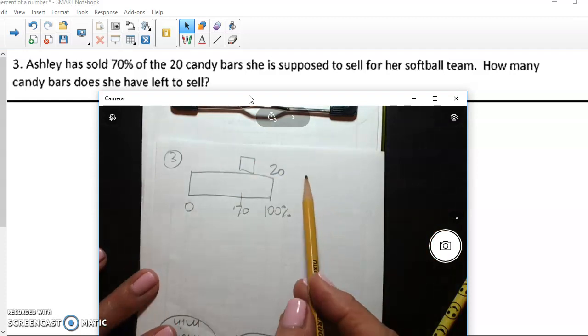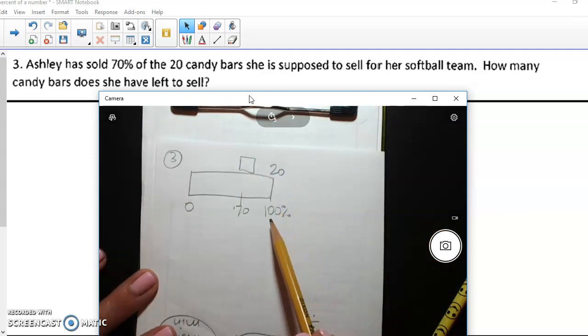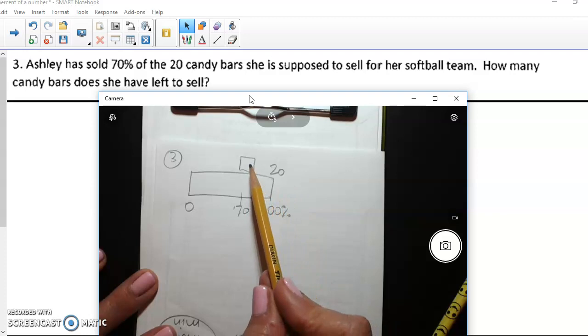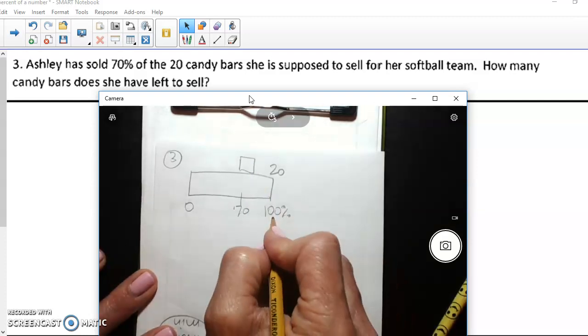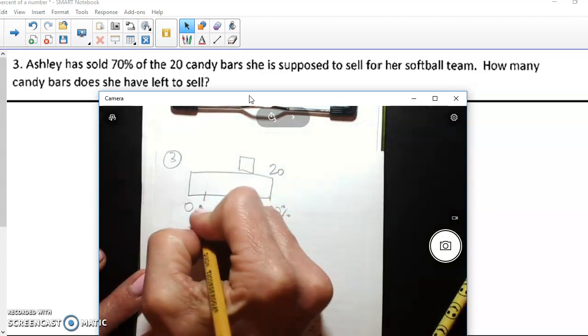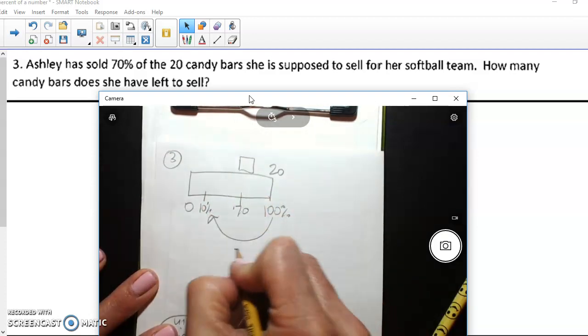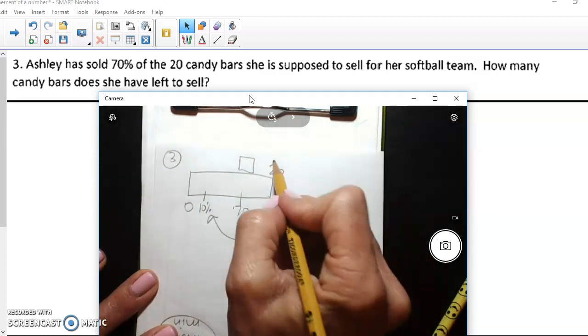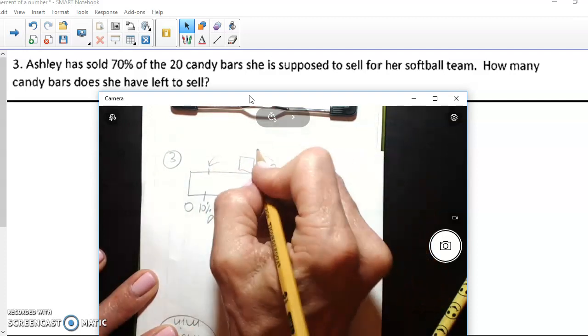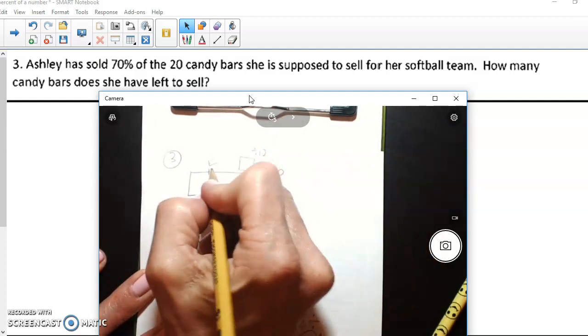So we got to look and think about, well, how do I move these numbers to fill in that box right here? Well, let's divide by 10 again to get to 10%. And 20 divided by 10 is 2.